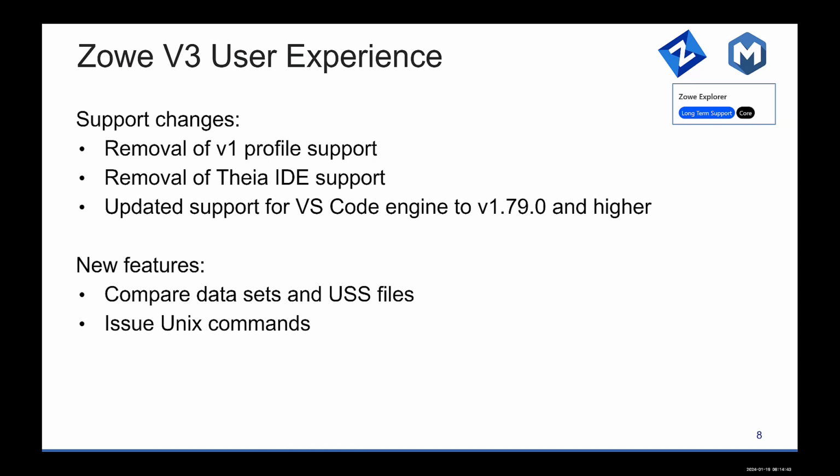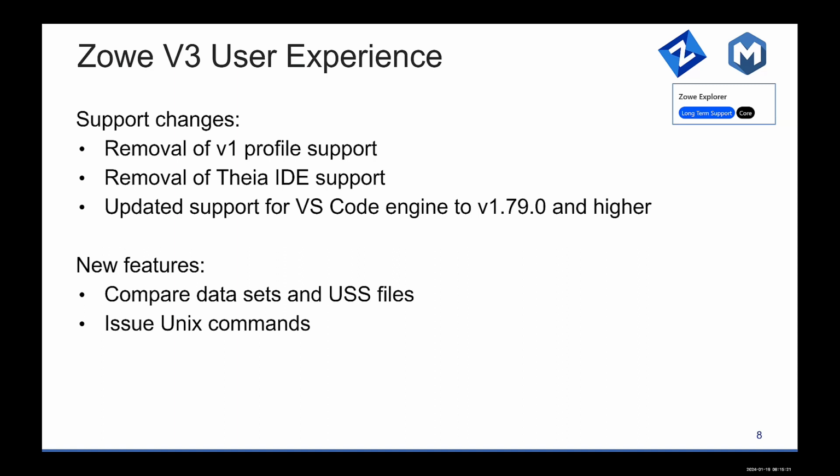And while Theia is functionally very similar to VS Code, there are enough differences to make it challenging to support both Theia and VS Code, particularly when the vast number of Zowe Explorer users are using VS Code, with roughly 8,000 downloads from the OpenVSX registry, which is used by Theia, and over, I think, 114,000 installs from the VS Code marketplace. And finally, we're claiming support for VS Code engine version 1.79.0 and higher.